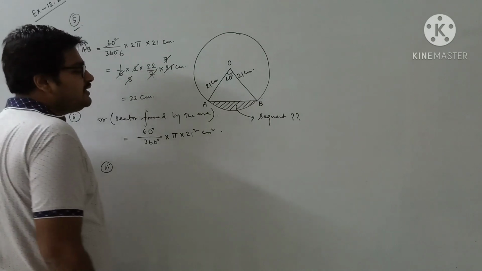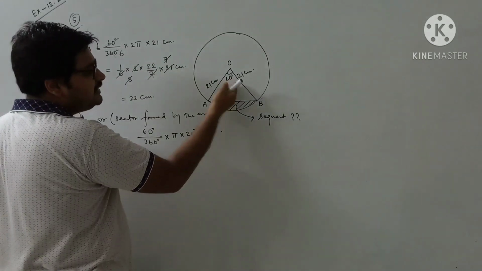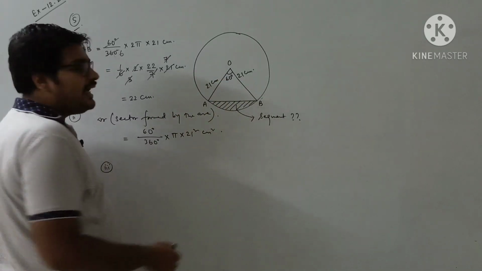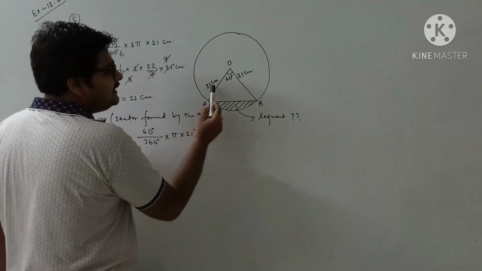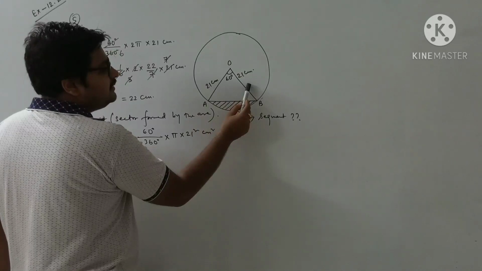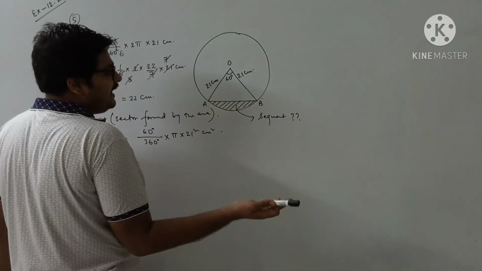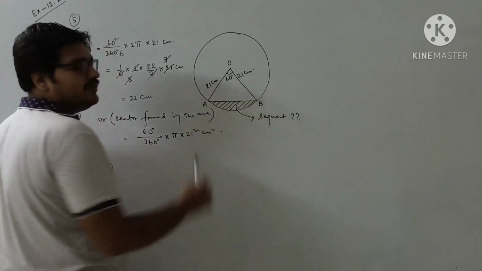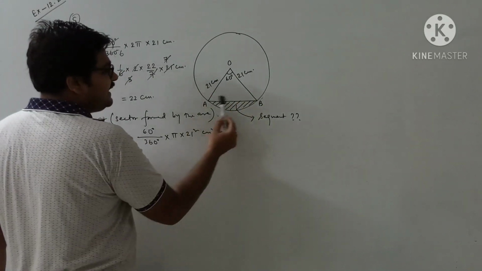Now you may have the question, how to find out the area of this triangle? This is not 90 degree, so base times height I cannot do. But as this is 60 degree and these two sides are equal, so easily I can say this is an isosceles triangle because two sides are equal. So base angles will be same.